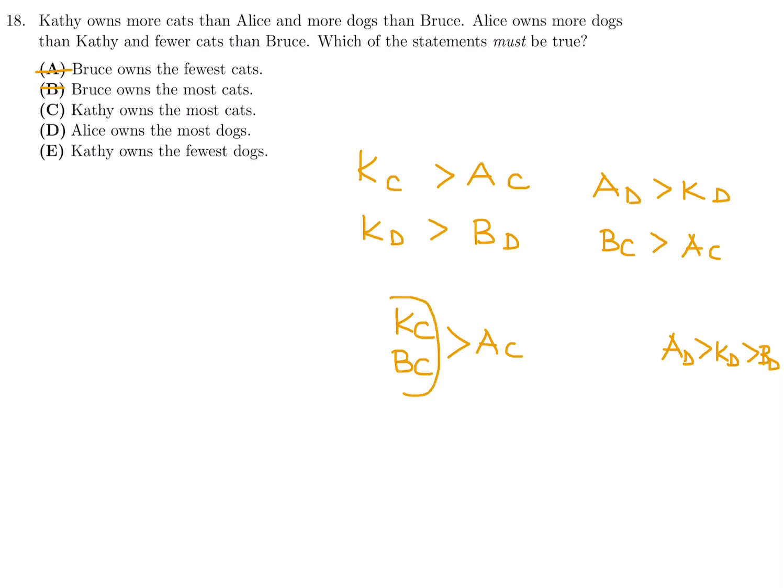Again, we're not sure. So C can't be right. Alice owns the most dogs, and that is something we are sure of since we have a continuum. And then let's just round it out. Kathy owns the fewest dogs. She owns the middle number of dogs, whatever the numbers are. So number 18, the answer is D.